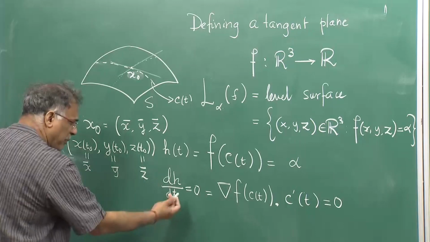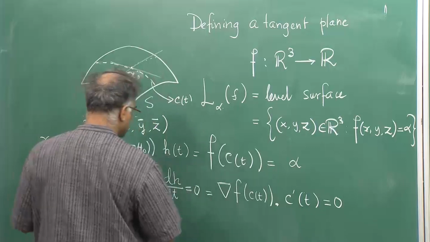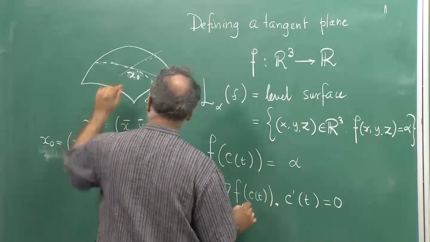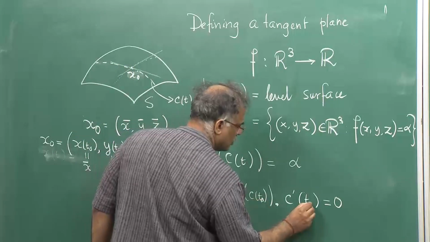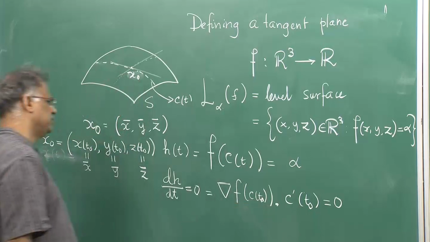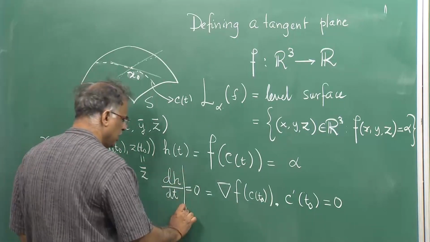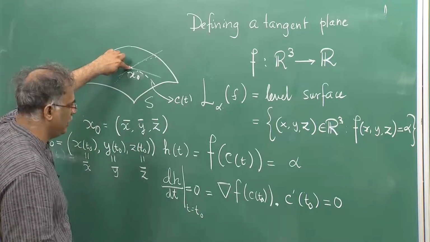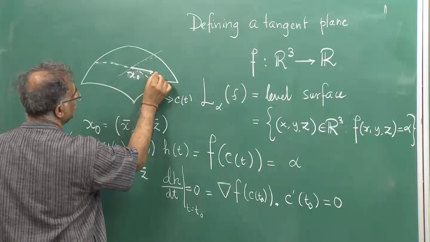So, what did you get? Here dh/dt is equal to 0. If you evaluate it at t equal to t naught, you will get 0, which means at this point c dash t naught is tangential.